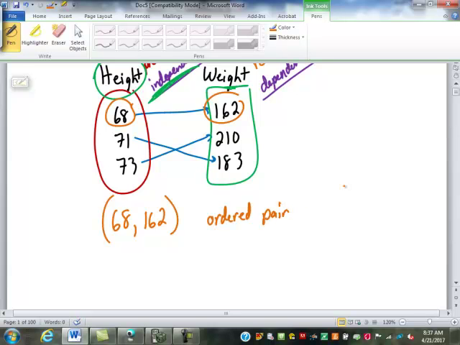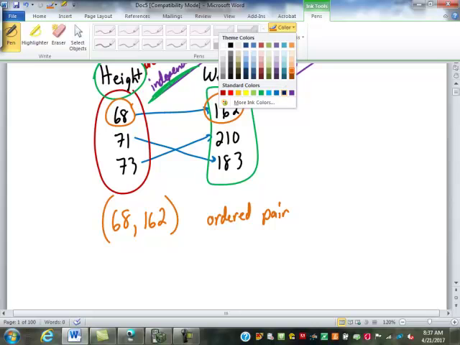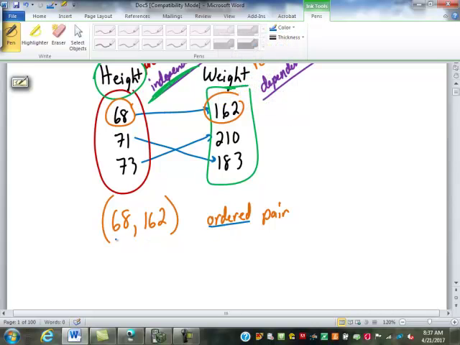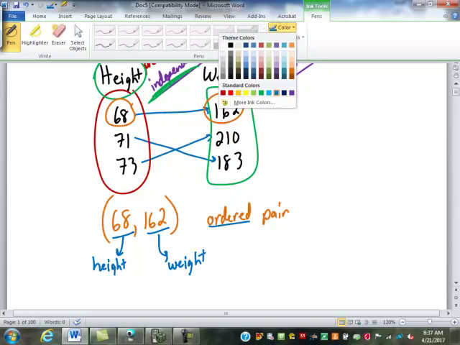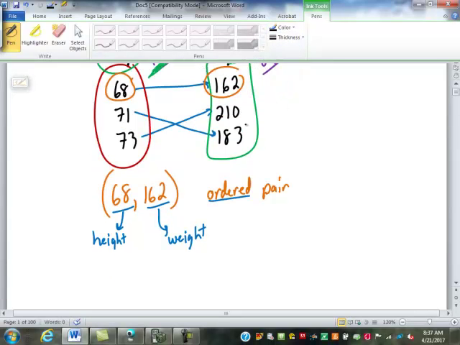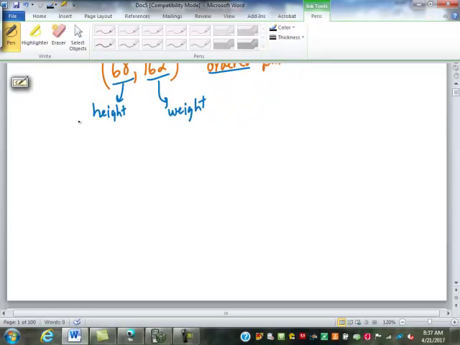And as long as we know that we're comparing height to weight, this is where the ordered part comes in. We know that the first one represents the height, and the second one represents the weight. So not only do the numbers themselves matter, where they're located within that pair matters. So we need to look at graphing those, representing them graphically.